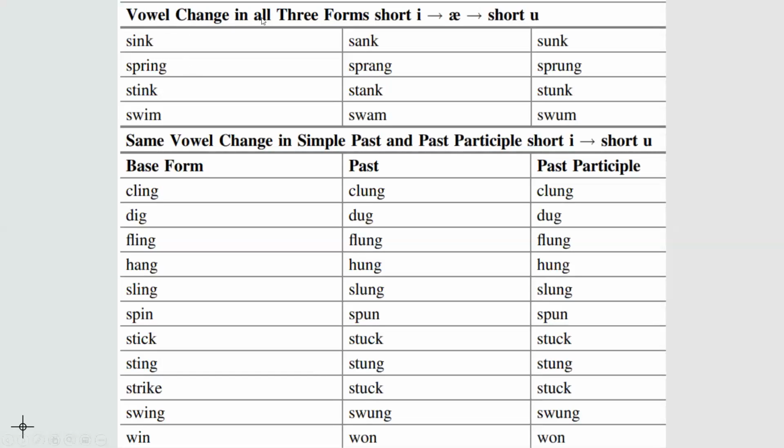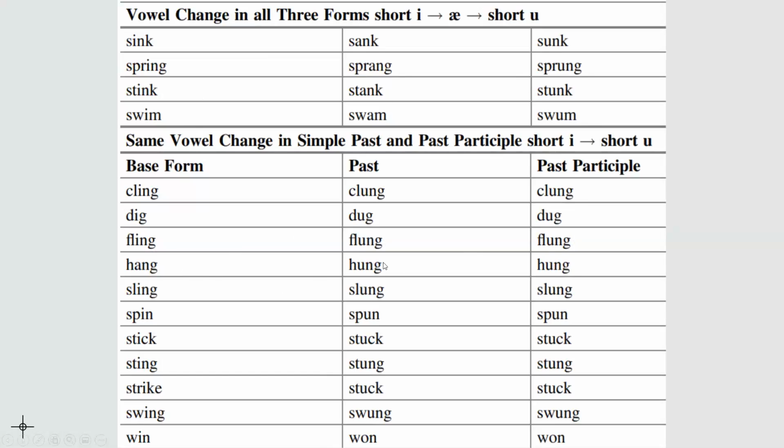Here we have the vowel change in all the three forms. For example, I, A, U. Sink, sank, sunk. Spring, sprang, sprung. Stink, stank, stunk. Swim, swam, swum. And the same vowel change in the simple past and the past participle. For example, dig, dug, dug. Fling, flung, flung.